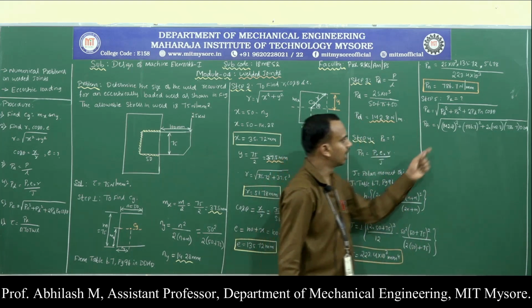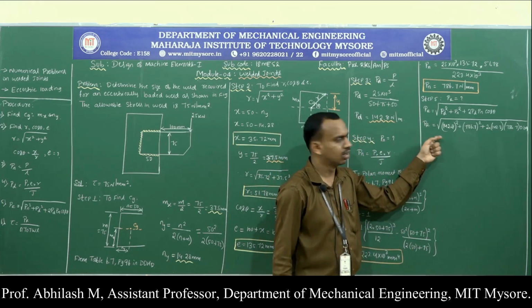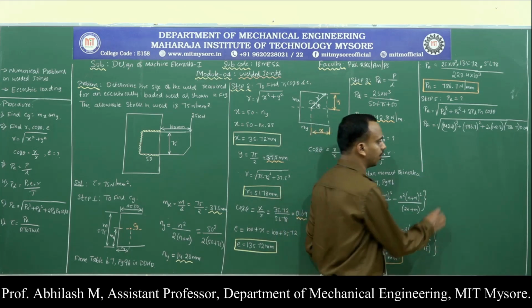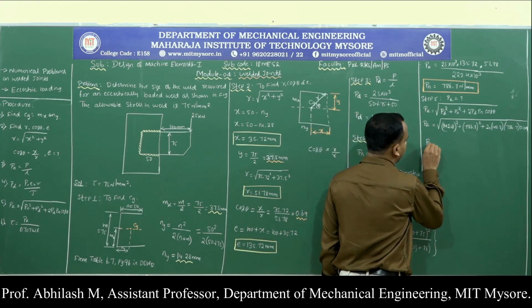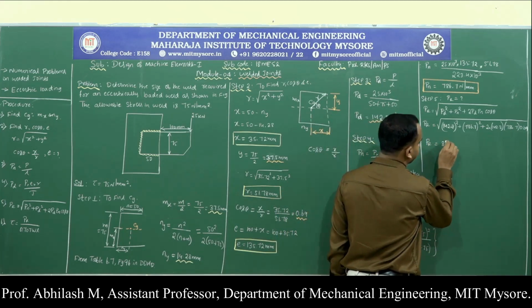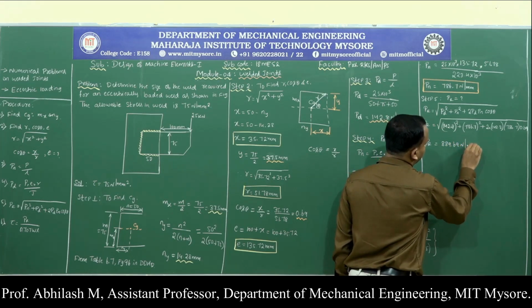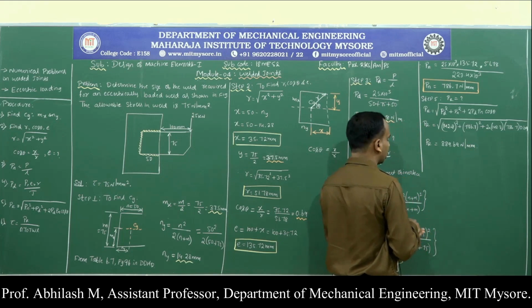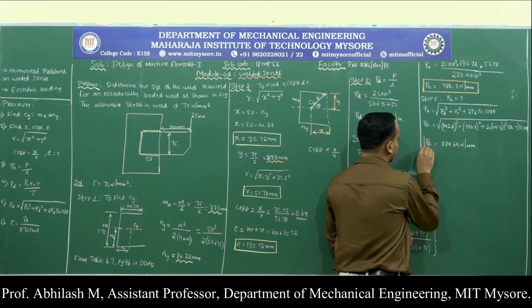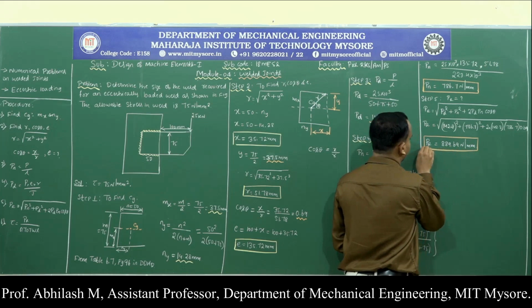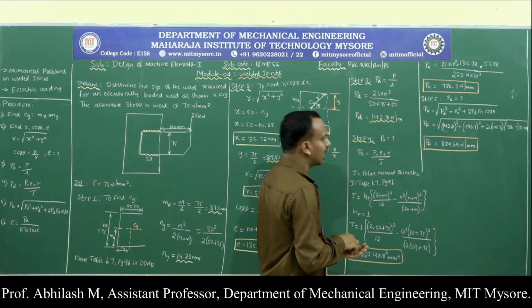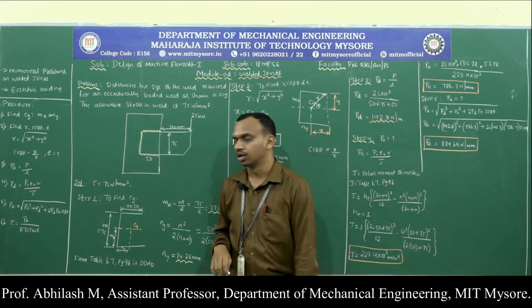Now if I calculate the resultant load PR using these values that we have substituted, we are going to obtain the value of PR to be 889.69 Newton per millimeter. So we have calculated the value of PD, PN as well as the resultant load.